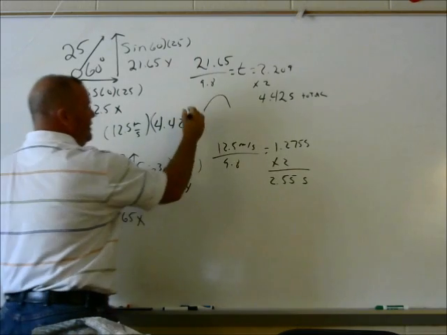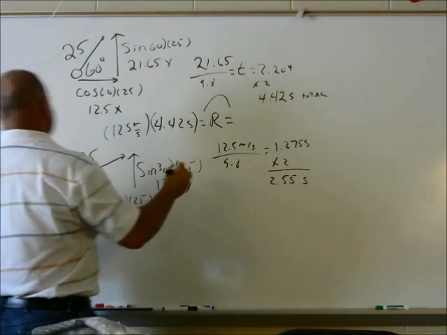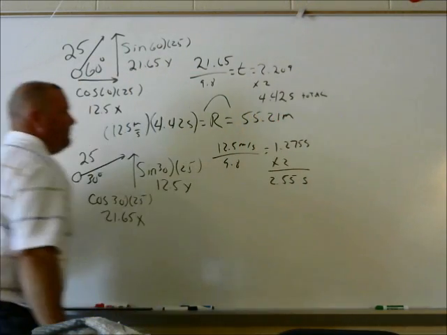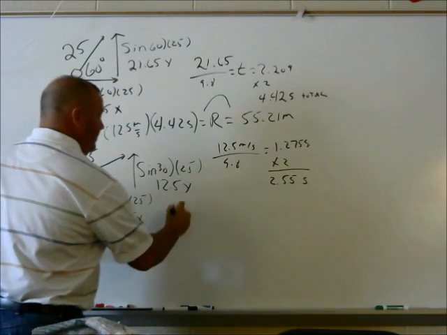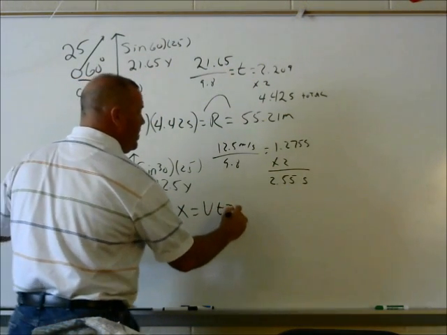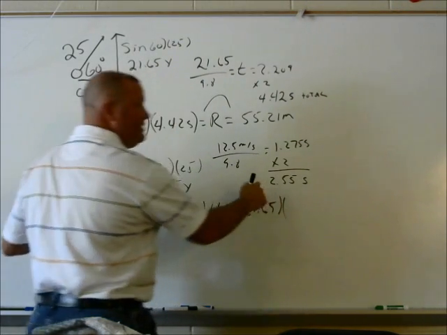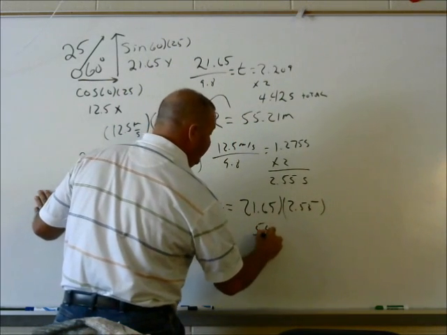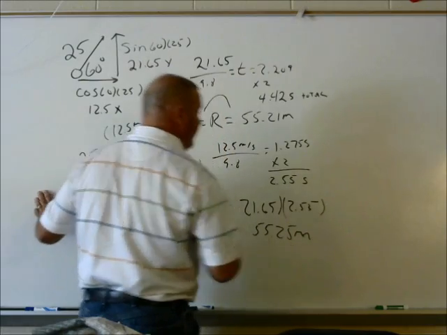And that gives me a range or a distance of 55.21 meters. If I look at the lower case, same thing, distance equals velocity times time, which is then 21.65 times that shorter time of 2.55, and I calculate 55.25 meters as my range, right?